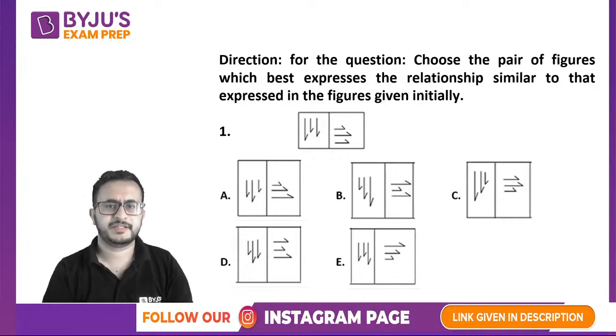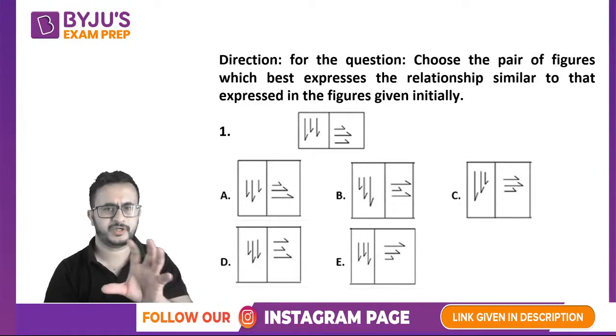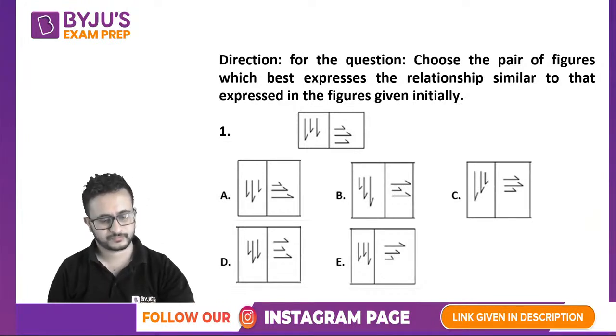This has some relation, and you have to find which of these have the same relation, whatever the relation is given in the figure above. So observe the elements and tell which is that figure.